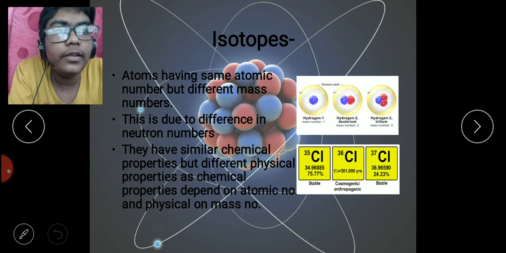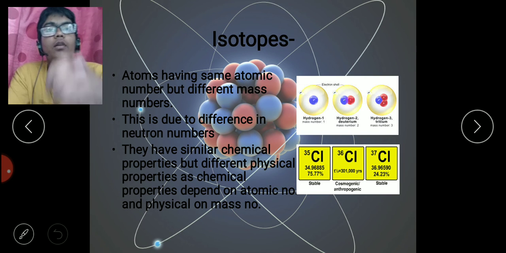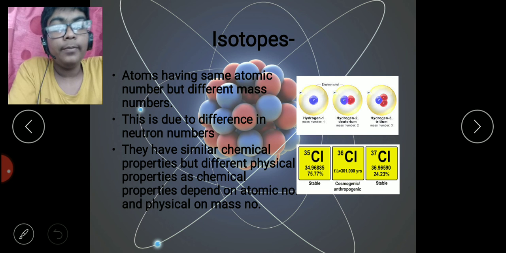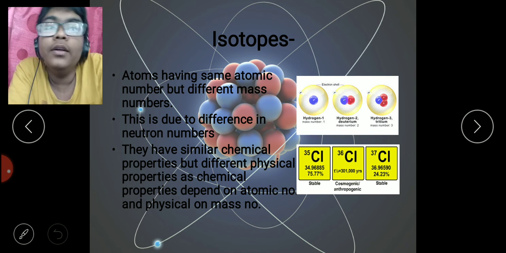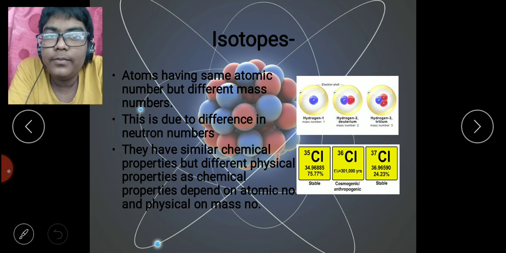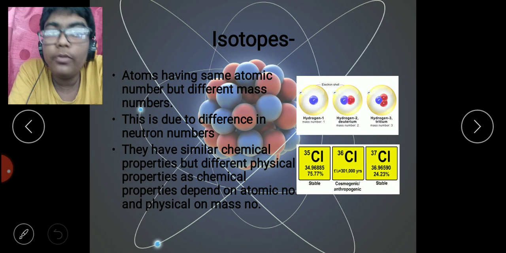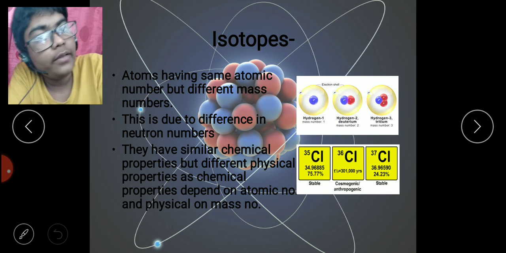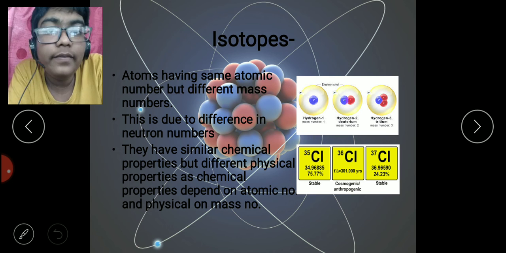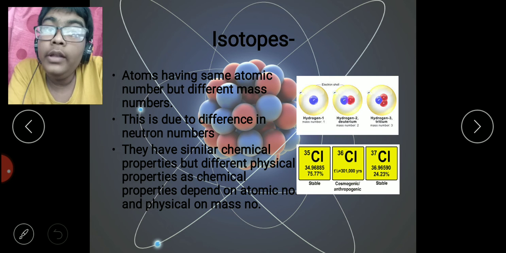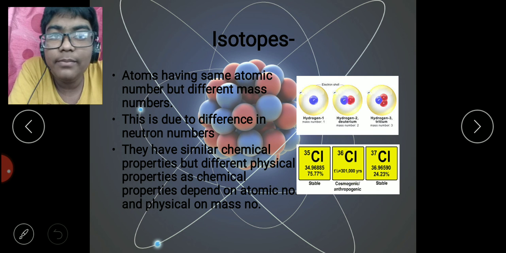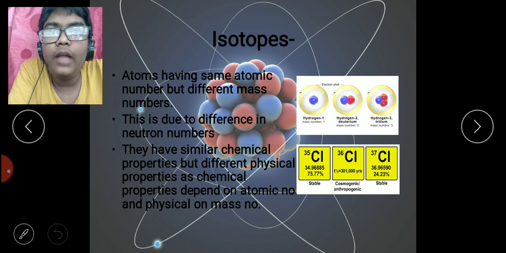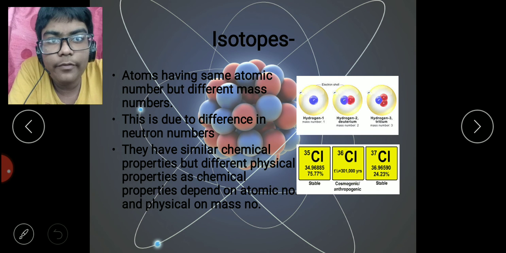One more interesting topic of this chapter is isotopes. What are isotopes? Isotopes are atoms that have the same atomic number but different mass numbers. Atomic number is the number of protons, equal to the number of electrons. Mass number is equal to protons plus neutrons. The neutron number changes, therefore the mass number changes, and therefore these isotopes are formed.